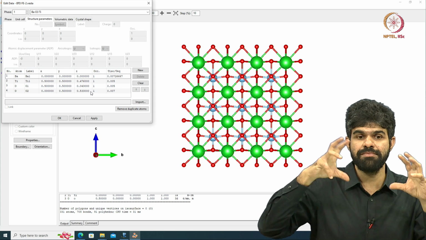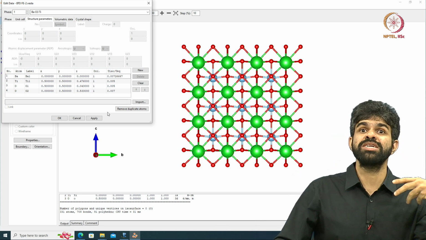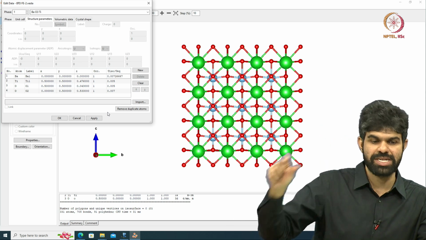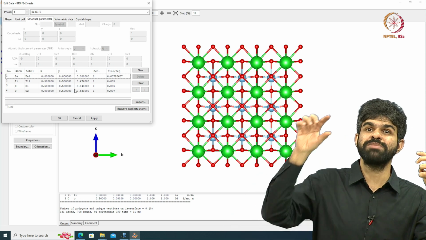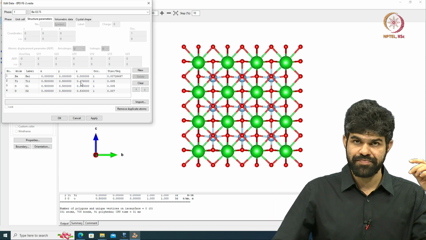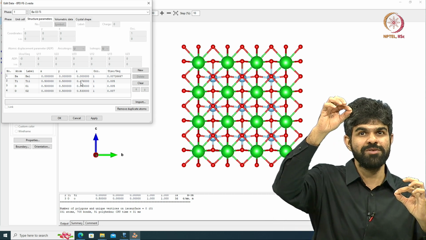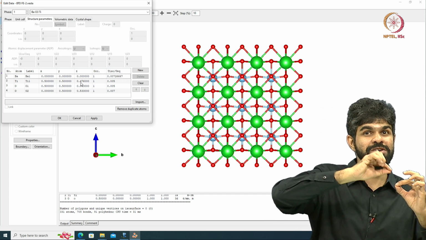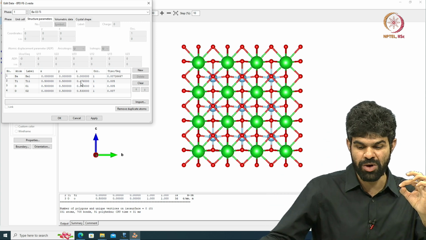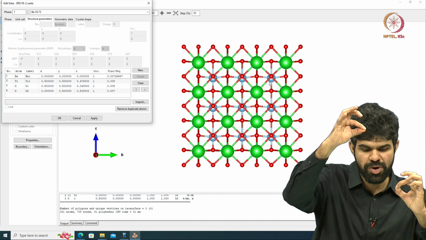So these are what are called positions in a unit cell. So you are normalizing it with respect to the length of the unit cell, right. So titanium is not exactly at 0.5 along the c axis, it has moved down a bit, to 0.476.